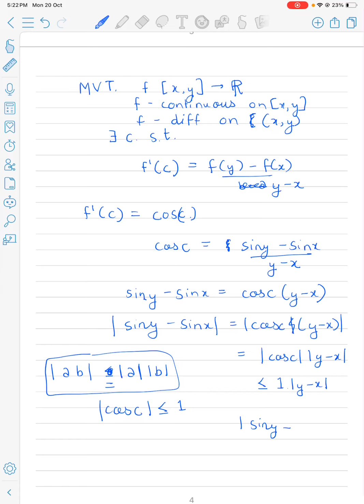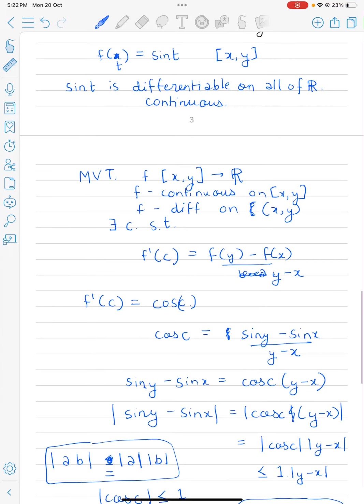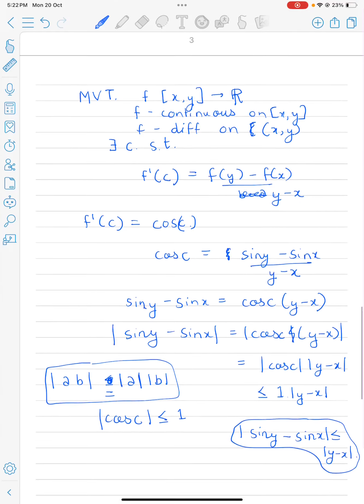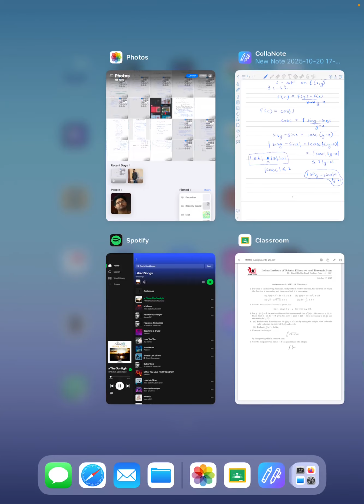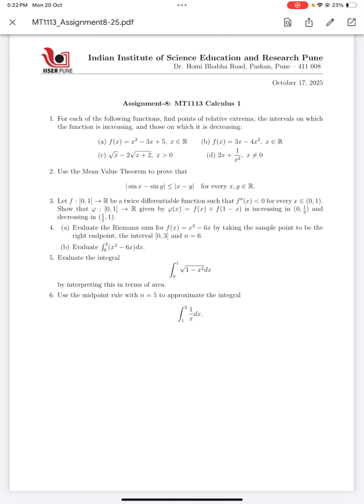So |sin y minus sin x| is less than or equal to |y minus x|. Okay, so this one is done. Question number 2.